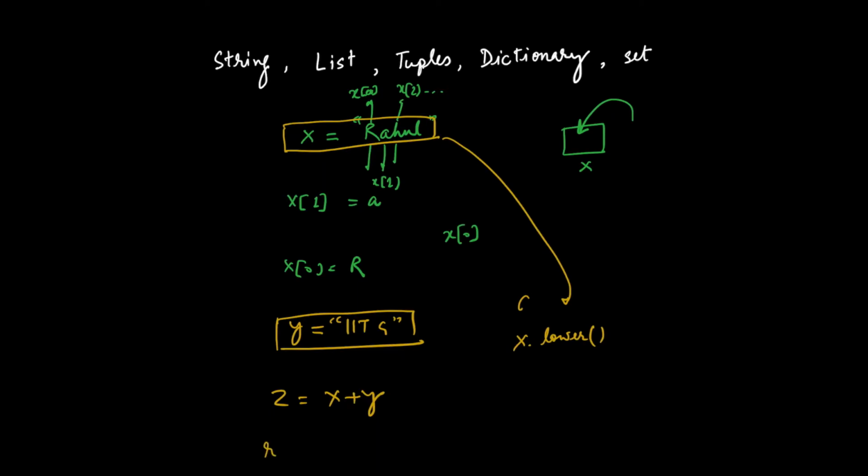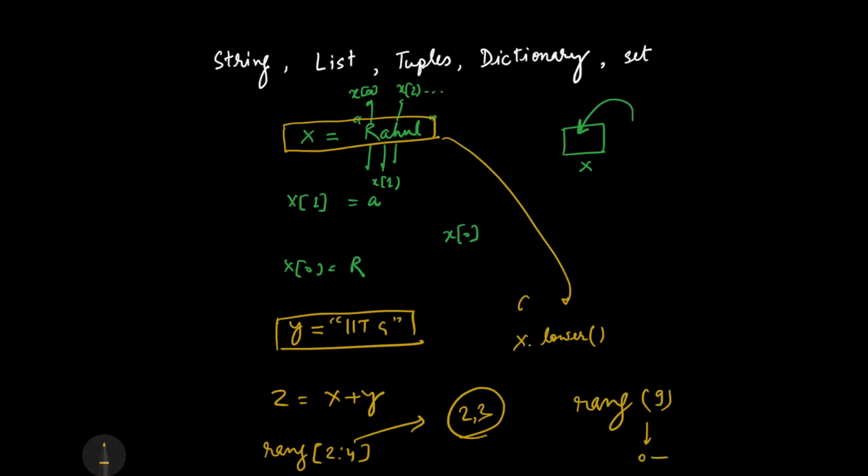And here we can do slicing also. Suppose in the range I give 2:4, what it will do is start from 2 and end before 4, so it has two values, 2 and 3. As in the for loop where we were using the range, if we give 9, it means it starts from 0 and goes up to 8.